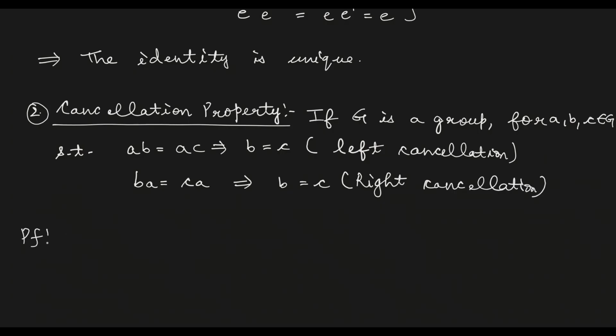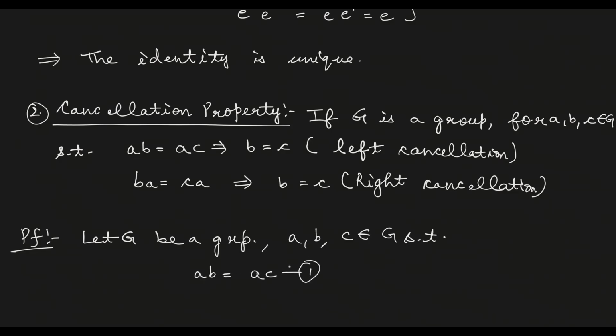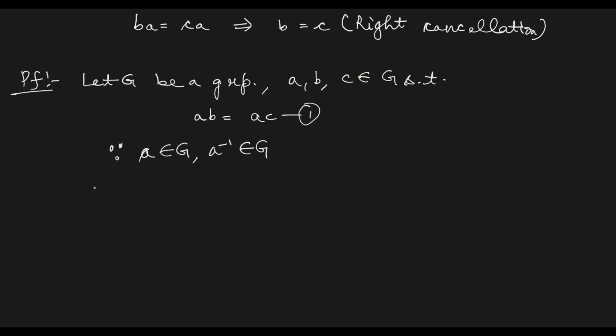Small proof of this. For this also, let G be a group, a, b, c belongs to G such that ab equal to ac. Now as a belongs to G, so inverse will exist, a inverse belongs to G. Simply pre-multiplying by a inverse to equation 1.